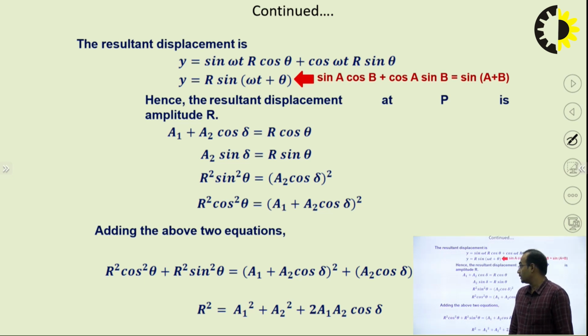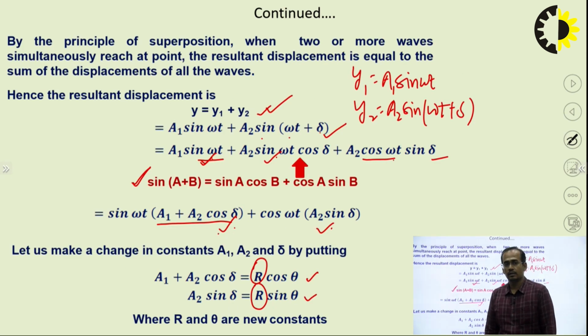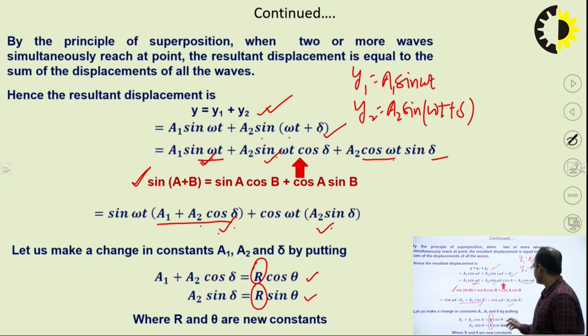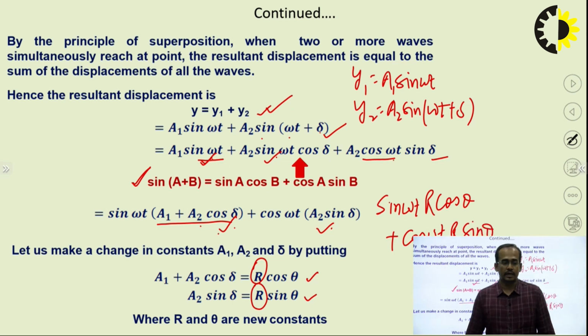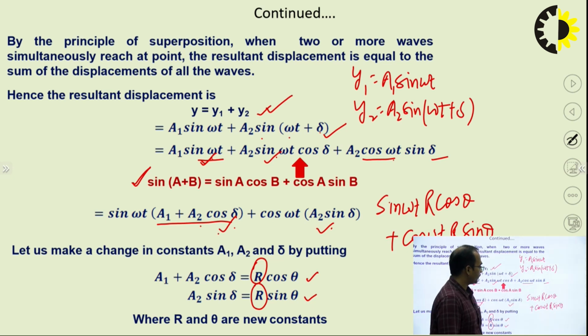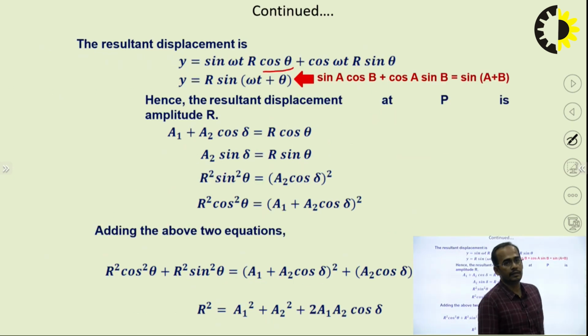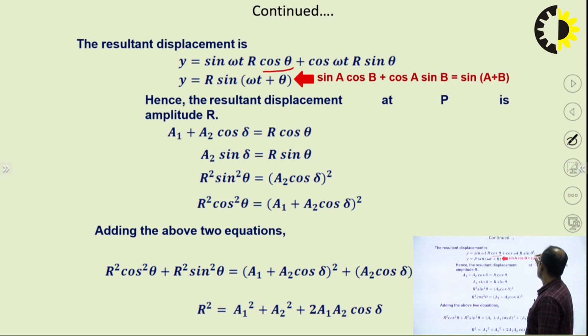Now you can write the resultant displacement y is equal to sin omega t R cos theta plus cos omega t R sin theta. The same expression is written here.